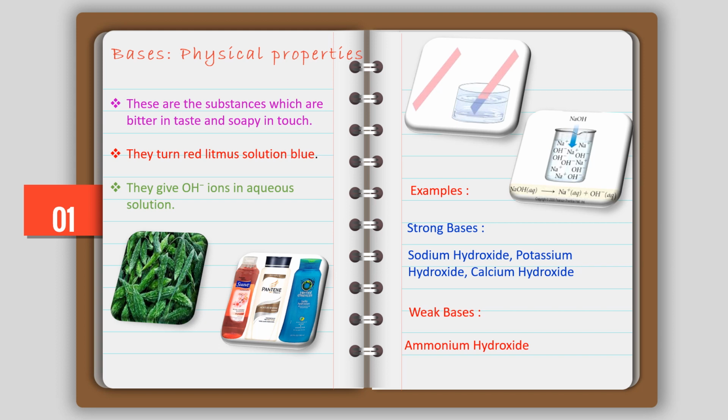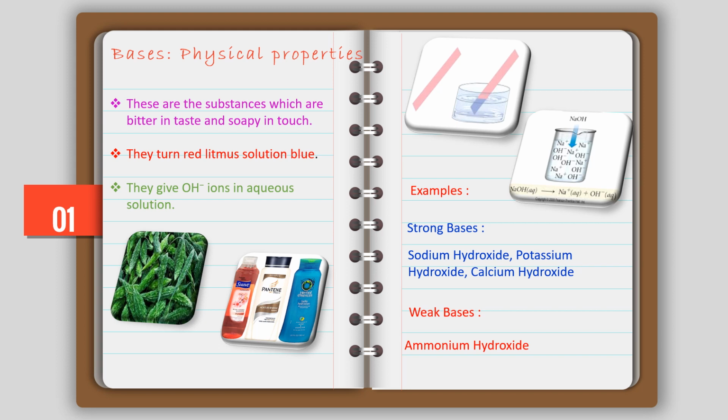And now you can see the fourth picture. In the fourth picture on my left, it says that when NaOH is dissolved in water, it splits into Na+ and OH-. You can see the aq sign. Aq means aqua, that means water. So water is added, and it splits into positive ion and negative ion.